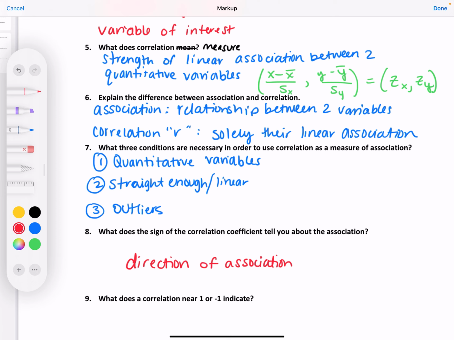And then what does a correlation near 1 or -1 indicate? They're both strong. Near 1, the absolute value of 1 means strong. Closer to 0 is weak.